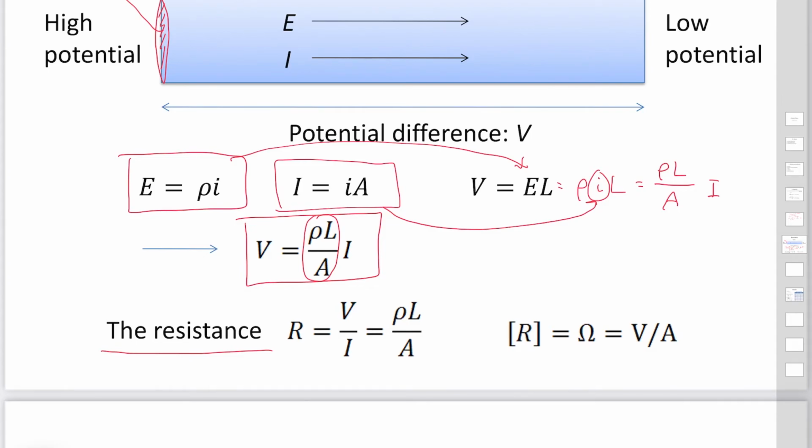Resistance R is expressed as V over I, which is equal to rho L over A. So resistance becomes larger with the length and smaller with the area of the wire. The unit of resistance is the ohm.